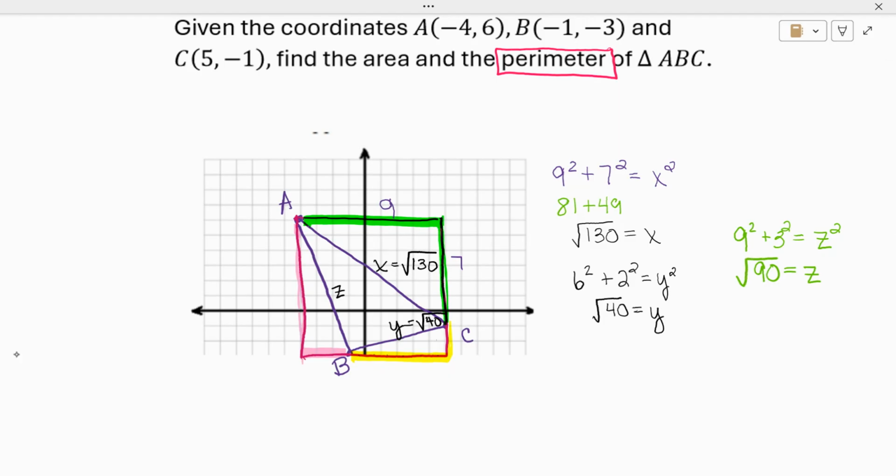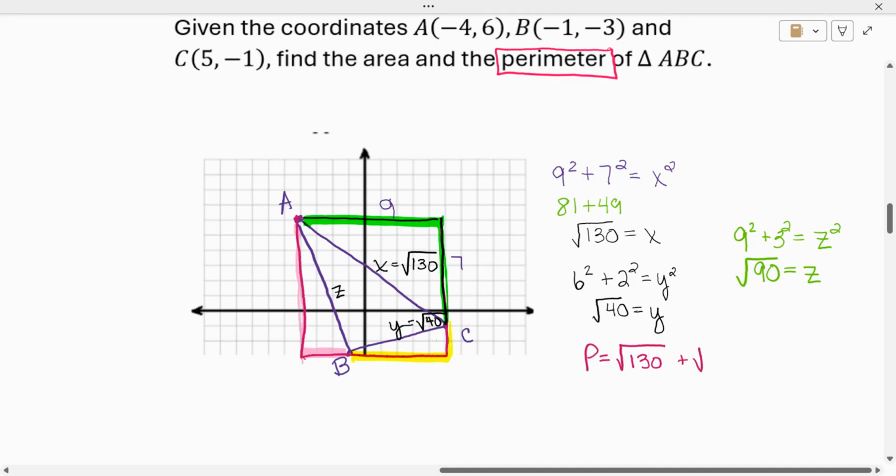Very good. So our perimeter equals the square root of 130 plus the square root of 40 plus the square root of 90. To the nearest tenth, what is that?